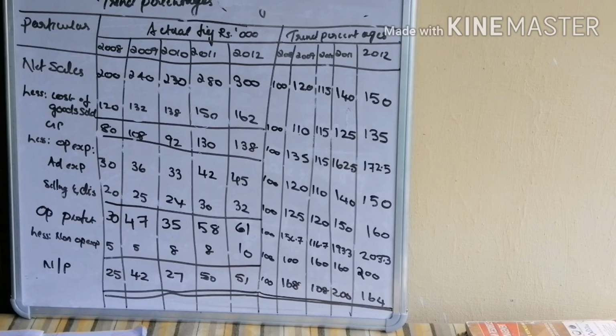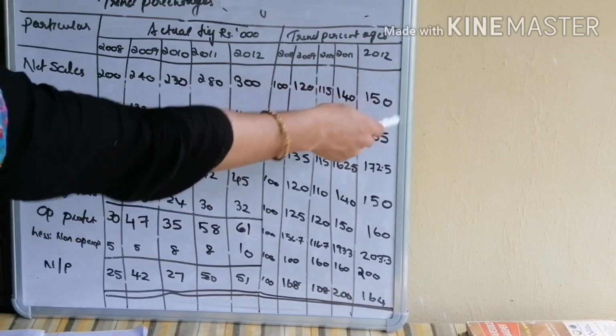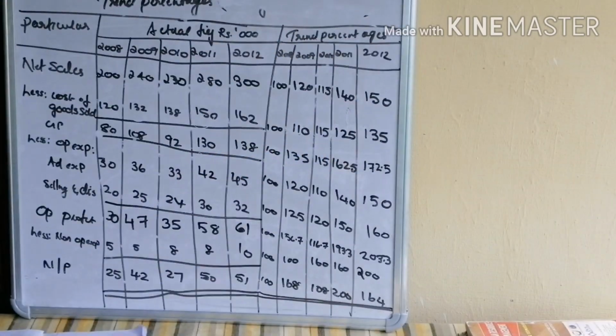During the 5-year period, sales have increased consistently except in 2010. Except 2010, sales have increased. That means 120, 113, 140, 150 percentages are above 100 percent. So it is a very good position.